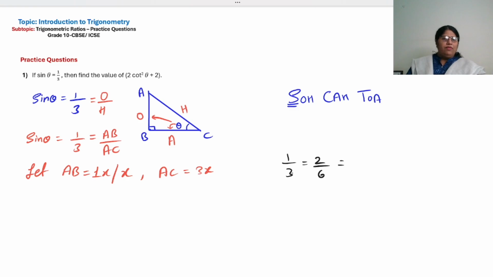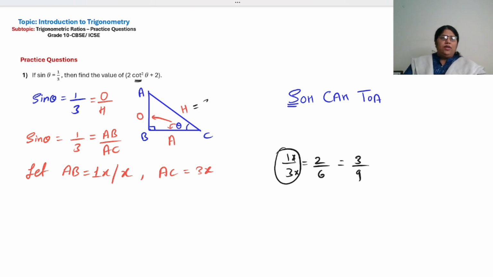If I multiply 1 by 3 with 3 by 3, it becomes 3 by 9. We don't know that this is the simplest form of the ratio. That is why we take the numerator, which is opposite, as 1x, and the hypotenuse as 3x.